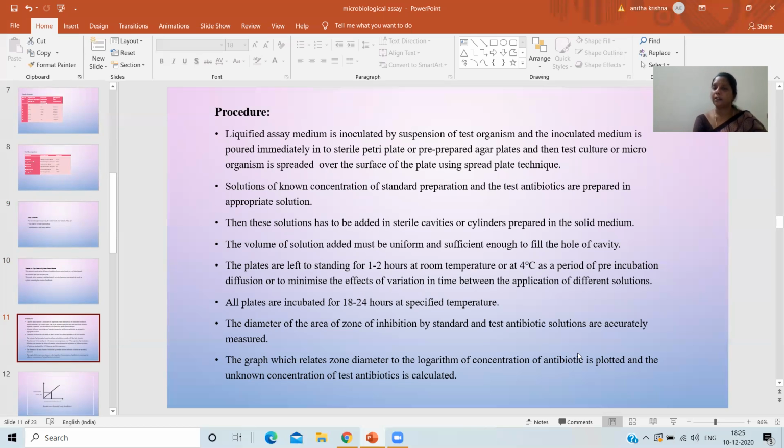Then after that, you take out the plates and check for the zone of inhibition, where growth is not allowed due to the activity of the antibiotic. Then you plot a graph taking the diameter of the zone against the logarithm of the concentration of the antibiotic, and the unknown concentration is found out.